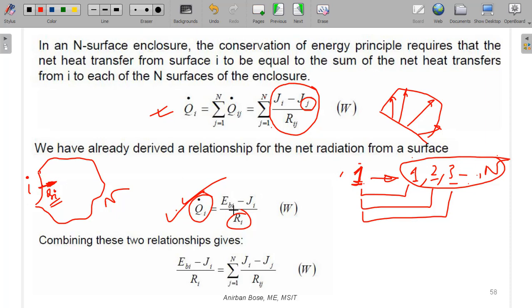What is Qi? The net heat coming out of surface i is (EBi minus Ji) by Ri. Then after reaching Ji, it is transferred to all the surfaces from 1 to n.